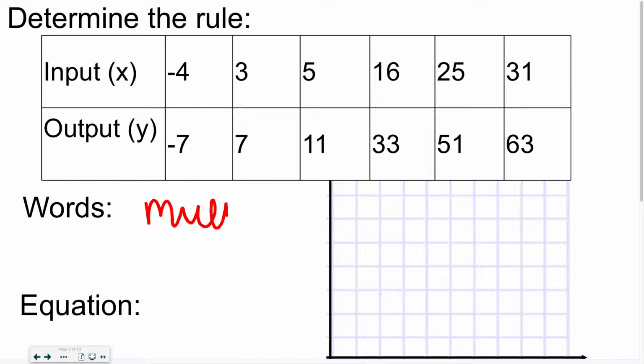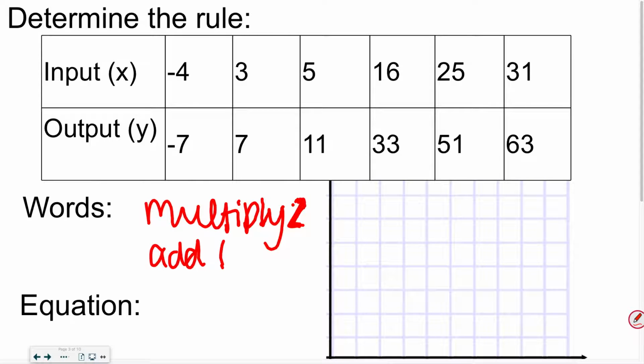I tried it with all of them. You tried it with all of them. So what if this last number here, instead of a 63, was a 60? Is times 2 plus 1 the rule? No, because it would have to work for all of them. Great catch. That was a really good pattern to find.